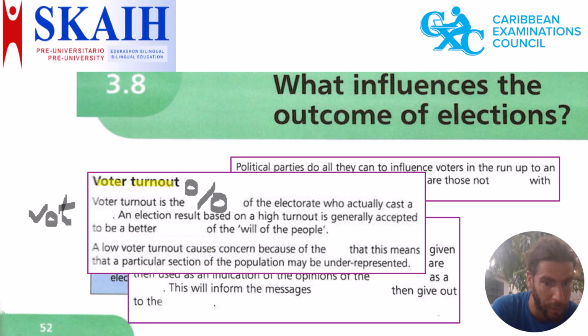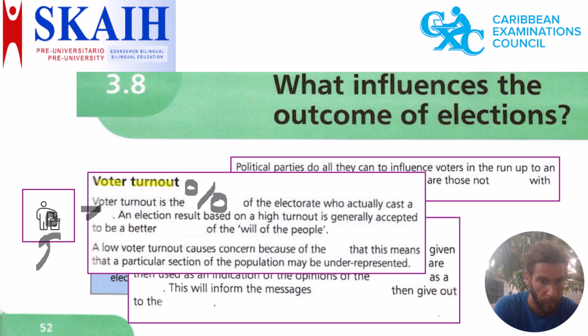So voter turnout is the percentage of the electorate who actually casts a vote, like you can see in this picture. So voter turnout is that part of the electorate that actually cast a vote.